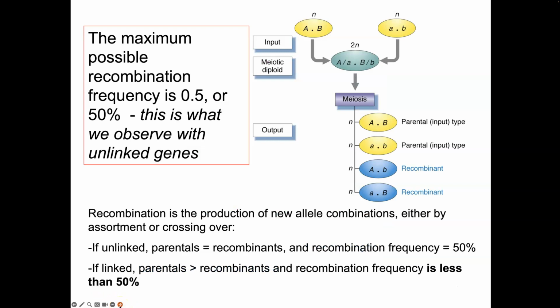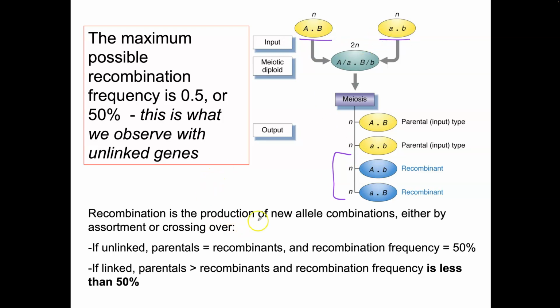Okay, so this just reminds you of that meiotic input and output, and just points out that recombination, as I introduced previously, is the production of these new allele combinations that are not the same as the P generation, right?